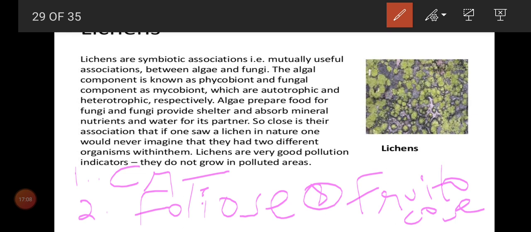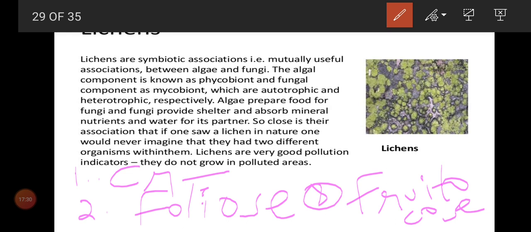Graphis is one example for crustose lichen. And write one example for foliose: the foliose lichen is Parmelia. Parmelia is one example for foliose. And what is the popular example for fruticose lichen? Usnea.